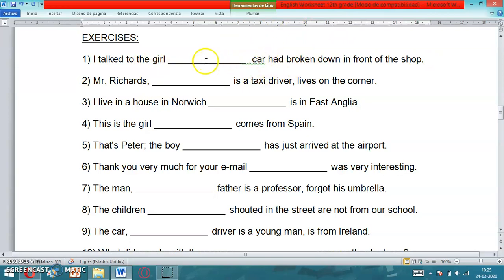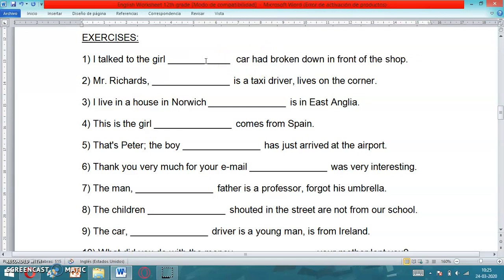Okay? In this case, we're talking about the girl's car. So it's a possession. We use whose. I talked to the girl whose car had broken down in front of the shop.